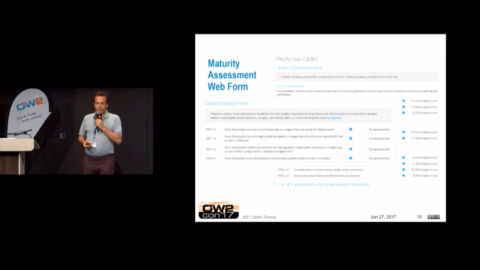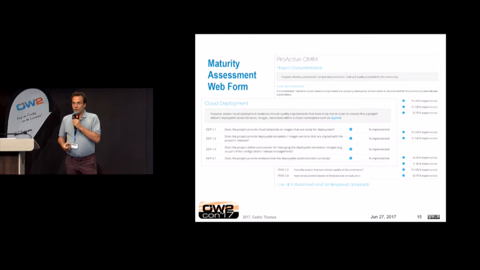So the first real tool of OSCAR is OMM. It's a self-assessment form containing 12 sections, and that each project leader at OW2 is invited to fill in, especially the mature projects, which have to go through this process of filling the OMM form.